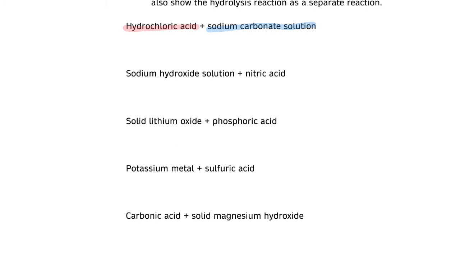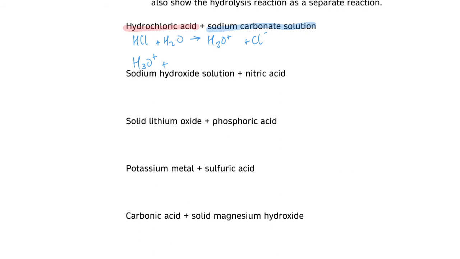All right. So you would have to show that it is going to hydrolyze. You may not actually have to show that this is going to hydrolyze, but the idea is that you understand that this occurs prior to the reaction occurring. Okay? So that first reaction of the hydrolysis of the hydrogen chloride occurs before that reaction with the sodium carbonate.